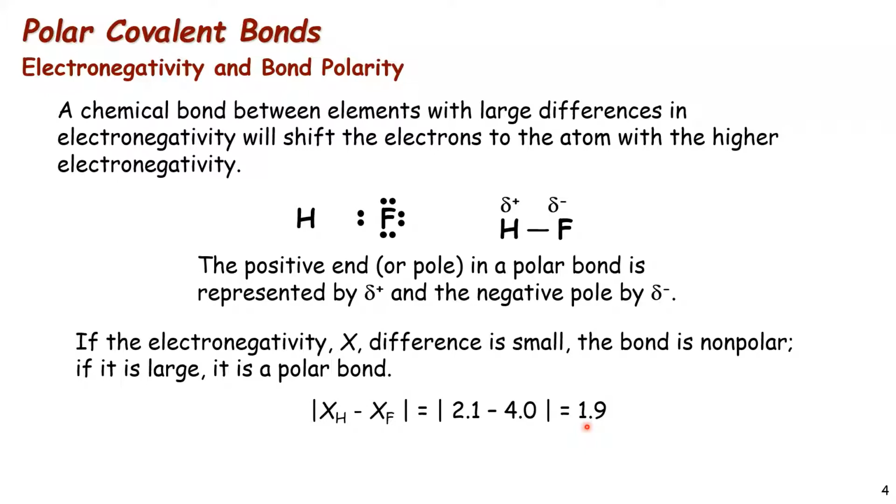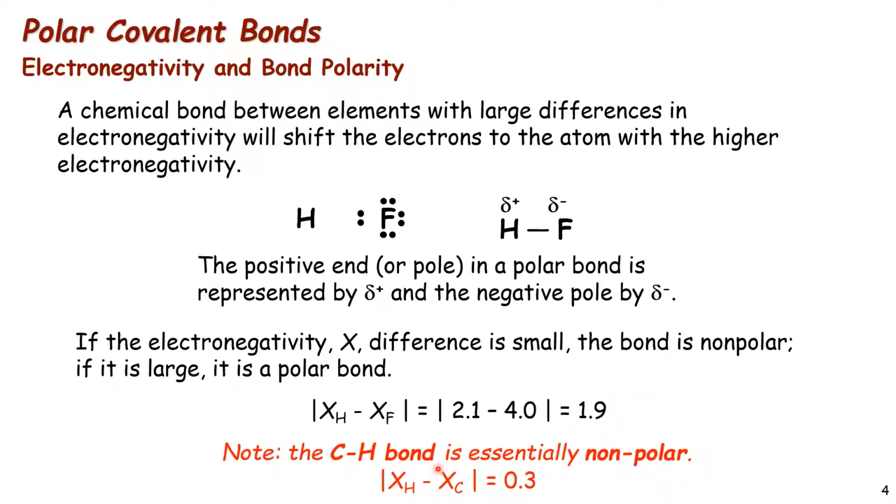But the way we're always going to look at it is that two nonmetals, or a nonmetal and a metalloid element, are going to form covalent bonds, and a metal and a nonmetal are going to form ionic bonds. So we're never really going to use these exact differences. Again, it's kind of a fuzzy area.